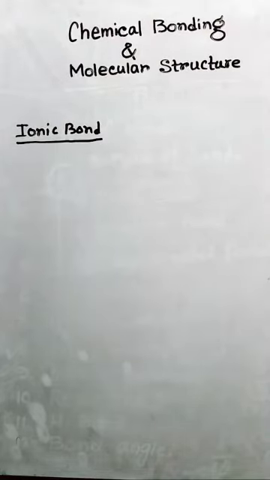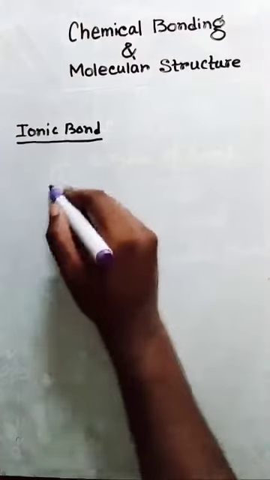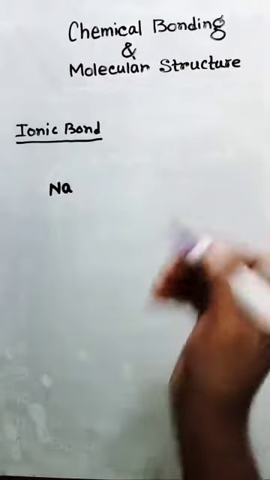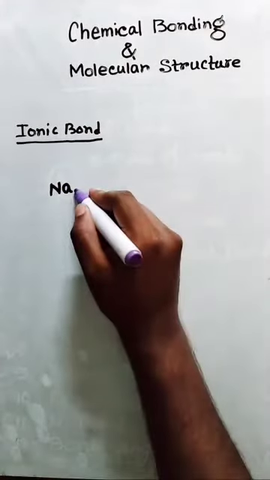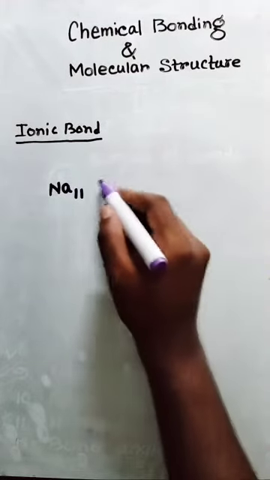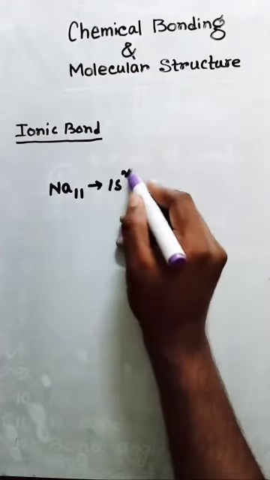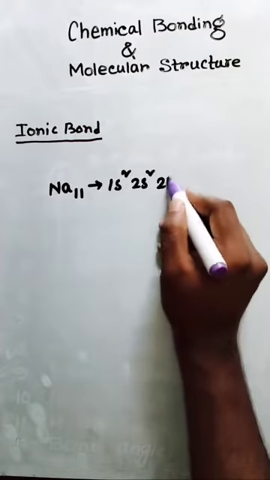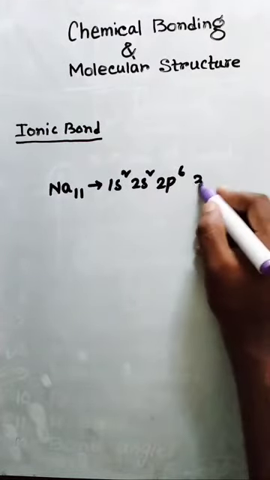Actually, a bond formed by the complete transfer of an electron or electrons from one atom to another atom is known as an electrovalent or ionic bond. For example, sodium. You know, sodium has 11 electrons, that is 1s2, 2s2, 2p6 and 3s1.